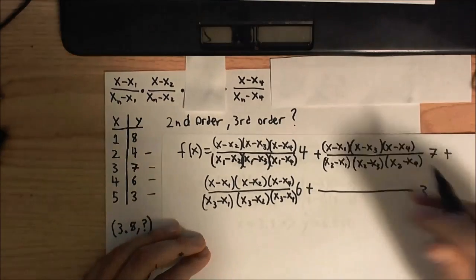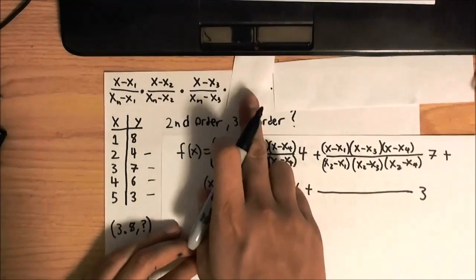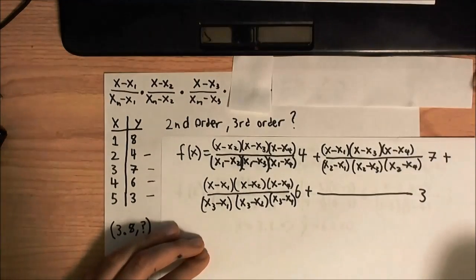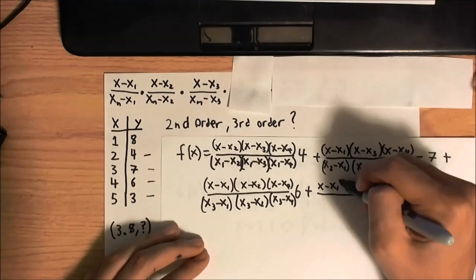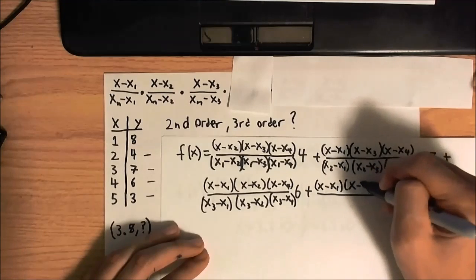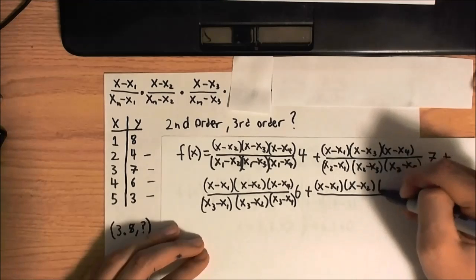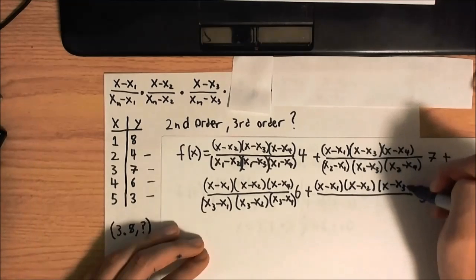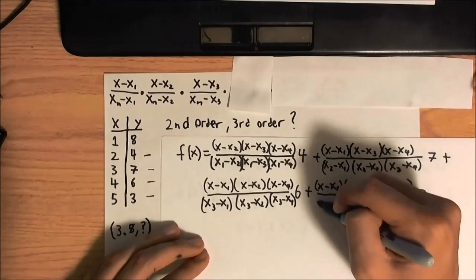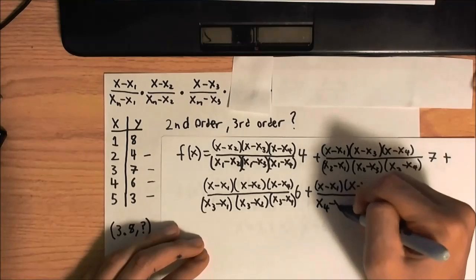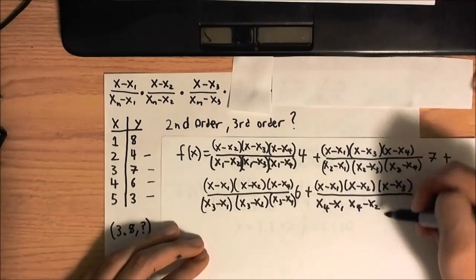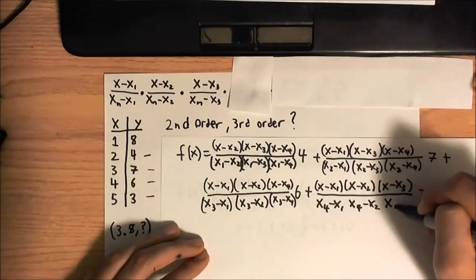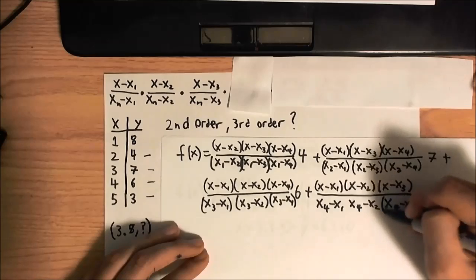Again, skipping 3. Likewise for the fourth term, n equals 4, and we skip the fourth term, making it (x minus x1) times (x minus x2) times (x minus x3) over (x4 minus x1), (x4 minus x2), and (x4 minus x3).